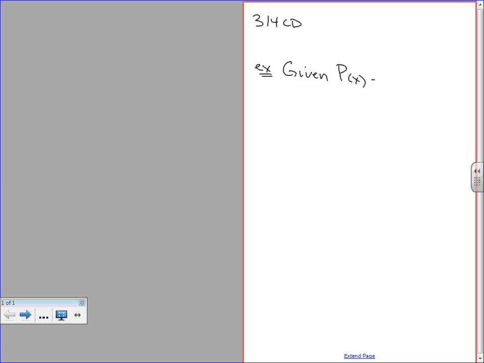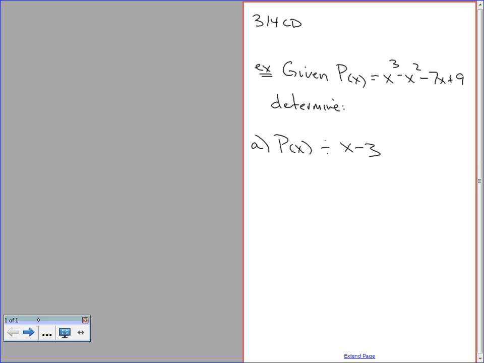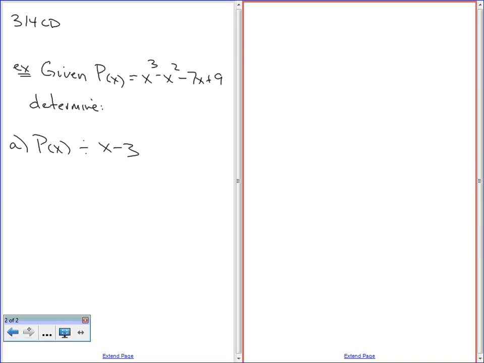Given the polynomial function x cubed minus x squared minus 7x plus 9, I'd like you to determine, first of all, when p of x is divided by x minus 3. So remember yesterday that we learned a couple ways of doing that. We learned long division, and we used synthetic division. You can do whichever one you feel comfortable with doing.